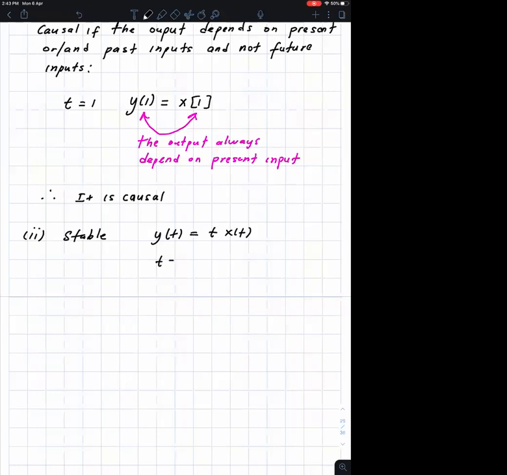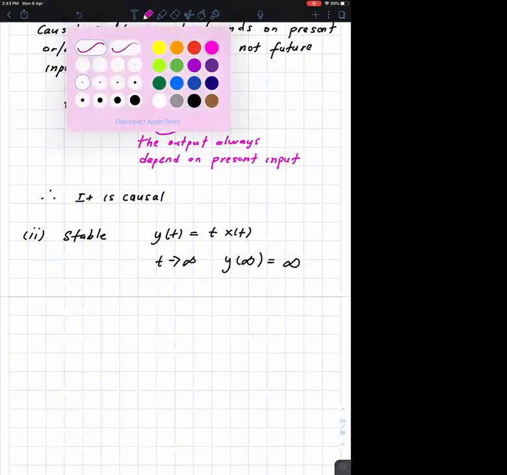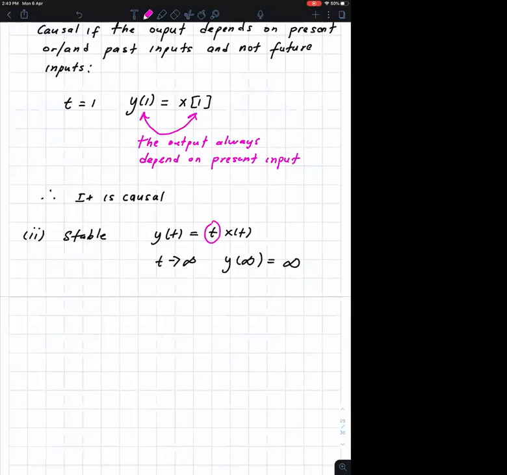When t goes to infinity, the output will also go to infinity. Therefore, it's not stable, because t will keep increasing.